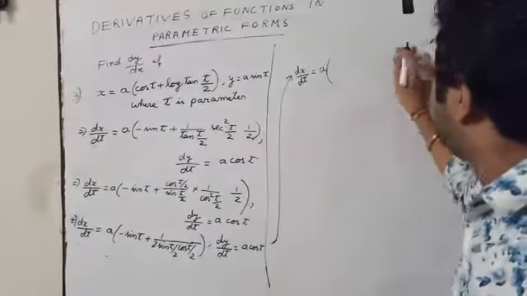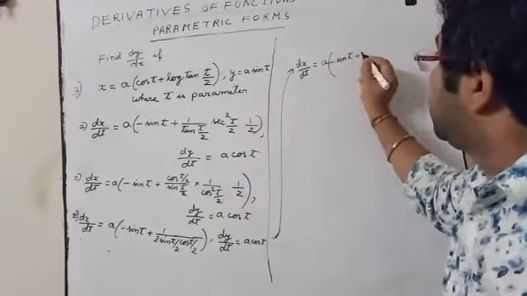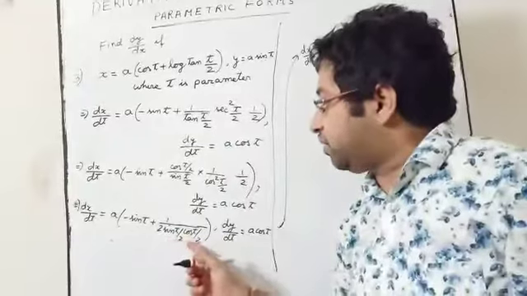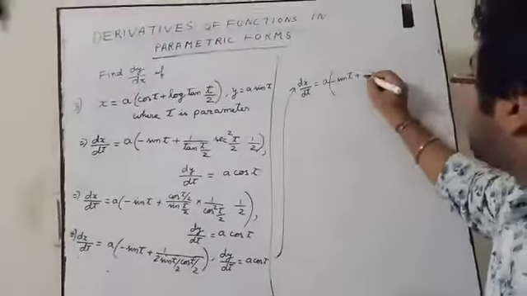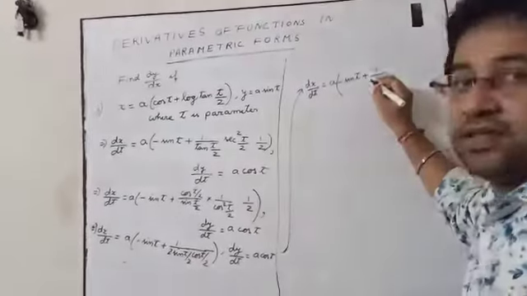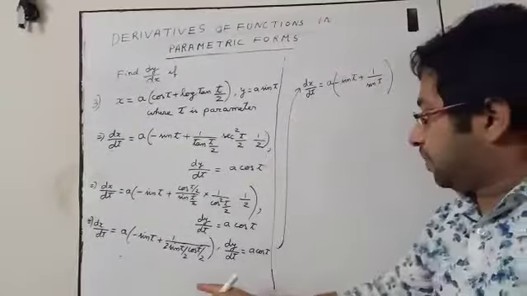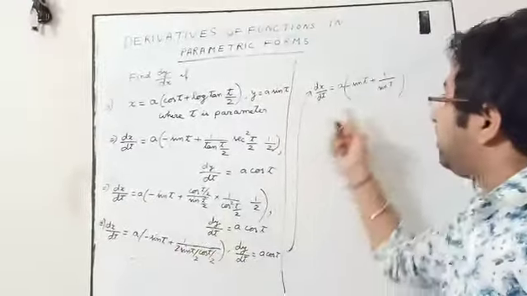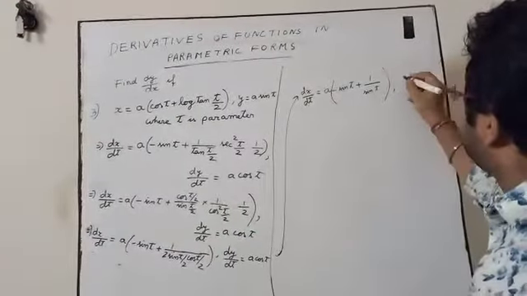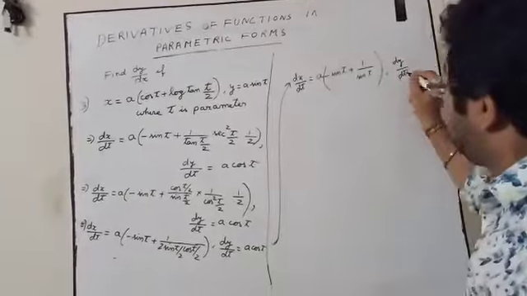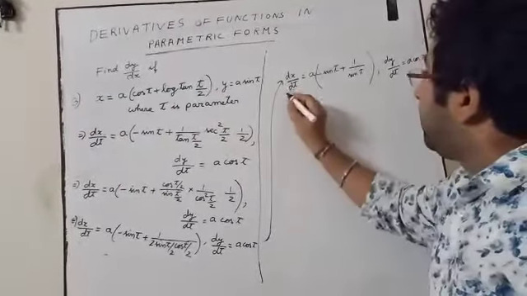A times minus sin t plus 1 by 2 sin t by 2 cos t by 2. 1 by 2 sin t by 2 cos t by 2 is how much? This formula is sin t, so 1 by sin t. Okay, I am taking this formula. A into minus sin t plus 1 by sin t, comma, dy by dt will be a cos t. Is it clear? So move on.